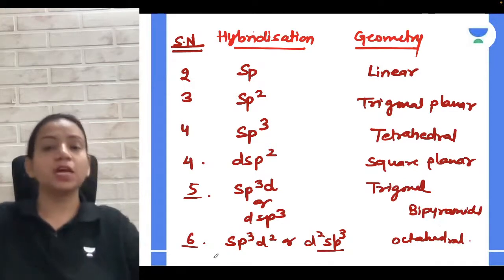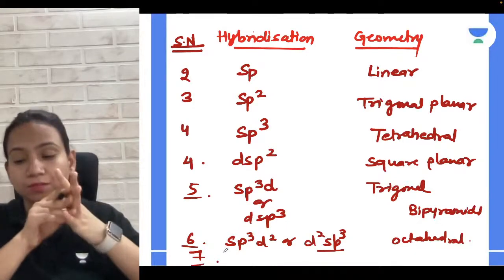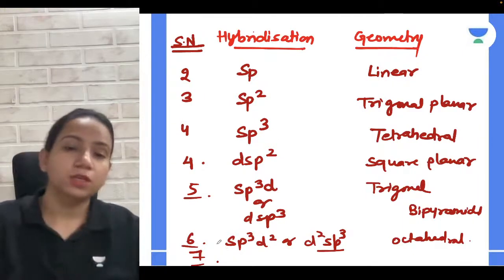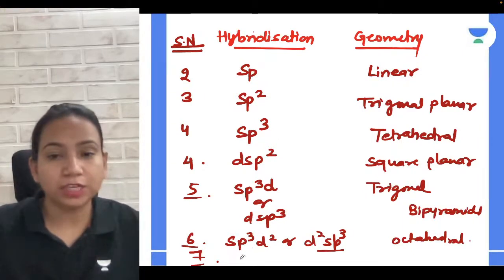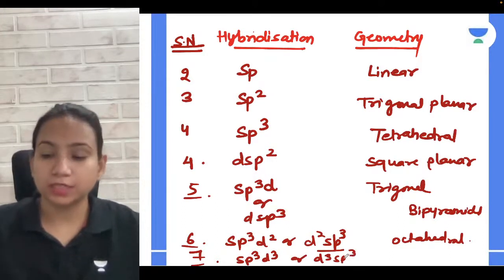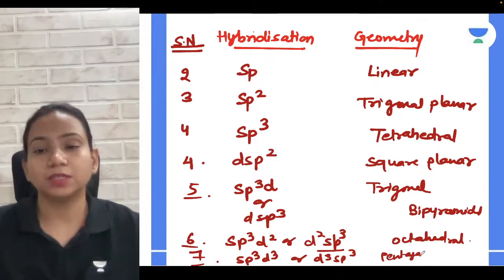Talking about the next, if you have a steric number 7, guys. So for steric number 7, whether it's sp3d3 or d3sp3, do you know what the geometry is? It is pentagonal bipyramidal.